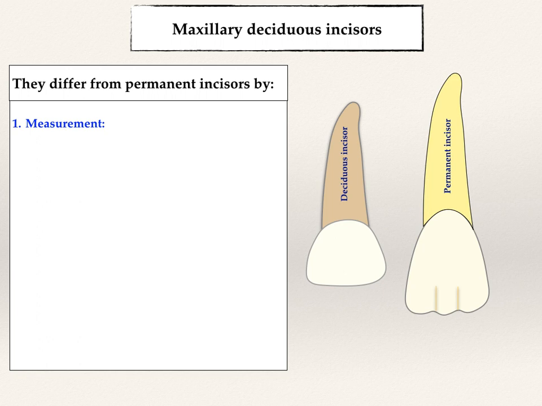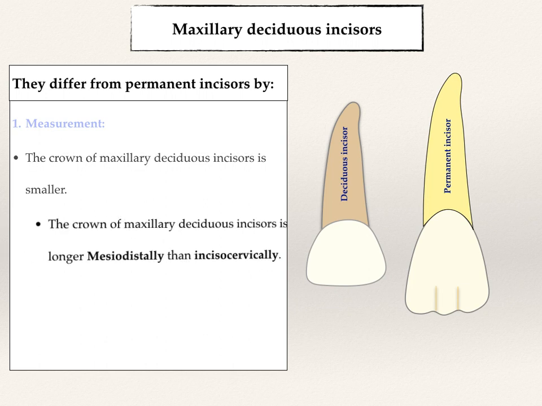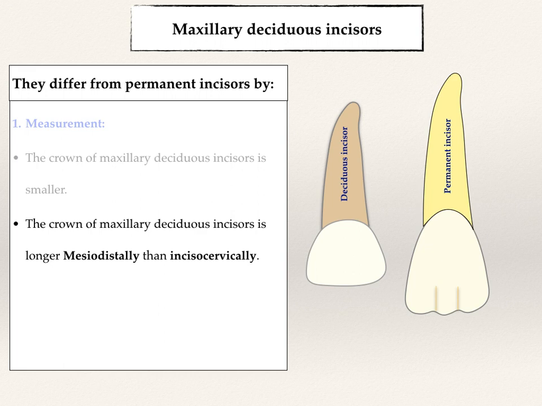Number 1, measurement. The crown of maxillary deciduous incisors is smaller. The crown of maxillary deciduous incisors is longer mesiodistally than incisocervically. This is the mesiodistal dimension, and this is the incisocervical length. And the reverse is true.